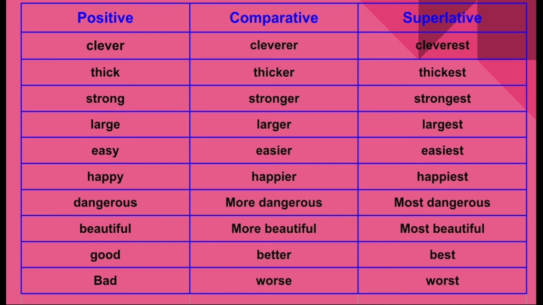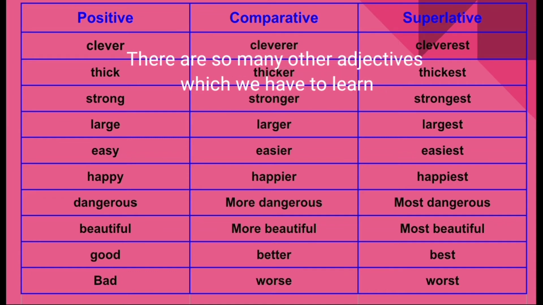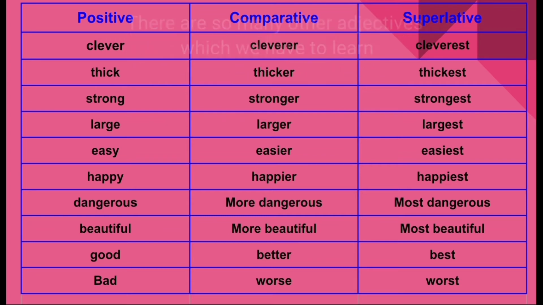For example, dangerous, more dangerous and most dangerous. Beautiful, more beautiful and most beautiful. And some adjectives are irregular. We can find good, better, best, bad, worse, worst. In such a way, they change their forms.